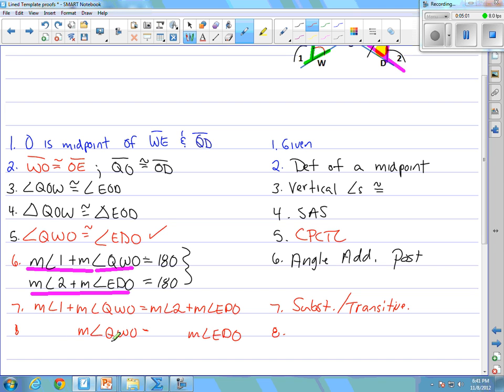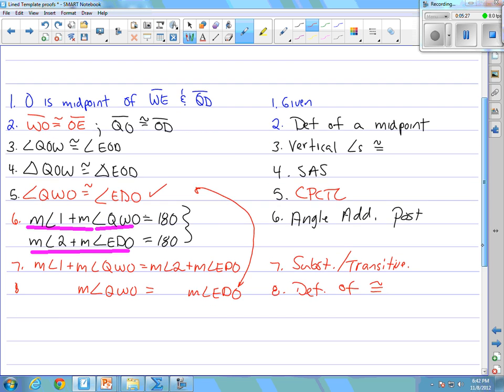I'm going to change them to measurements, going from step 5 to step 8, from congruency to measurements that are equal. The reason I want to do that is because I can only subtract measurements from measurements, or values from values. So step 5 and step 8 are really paired together. I go from congruency to equality.